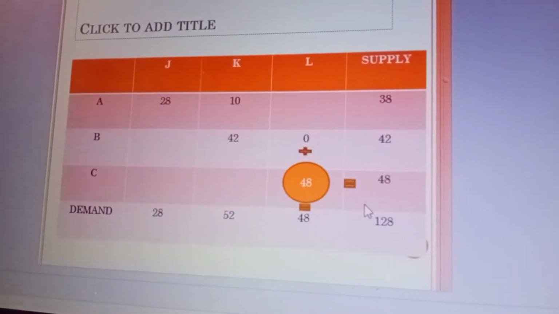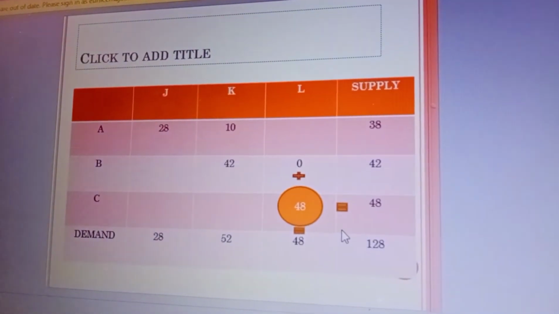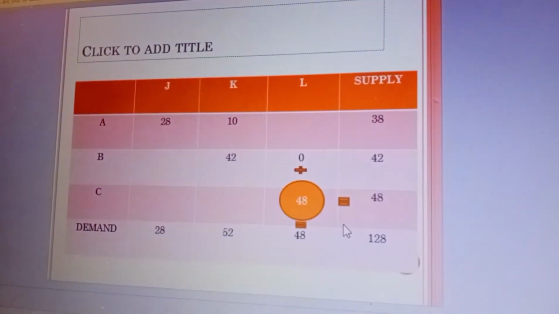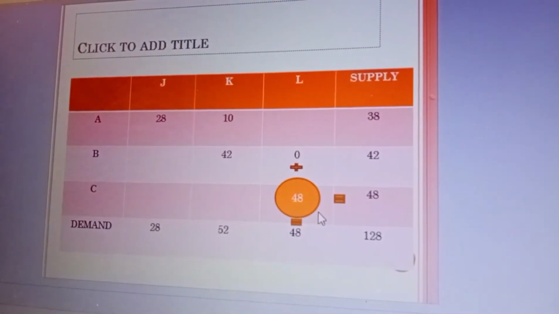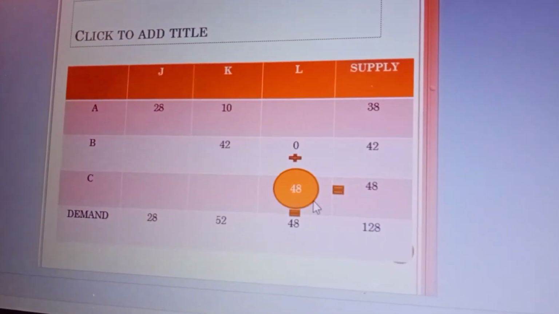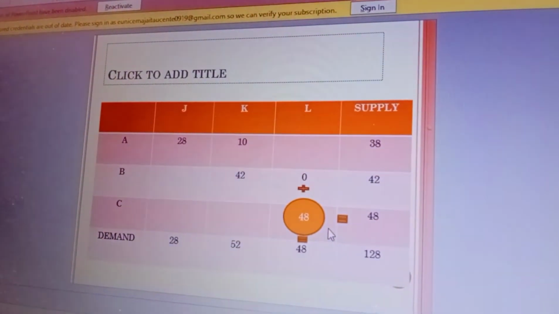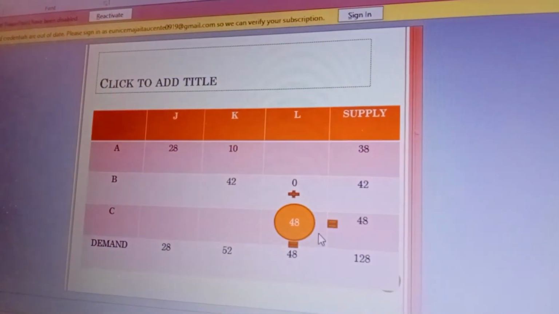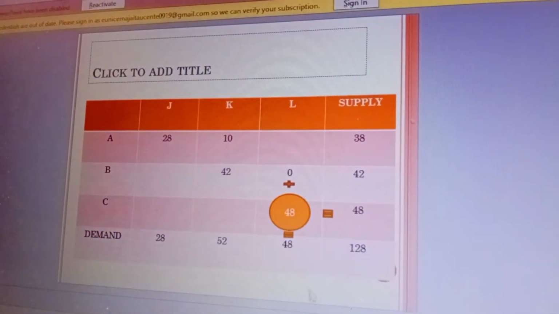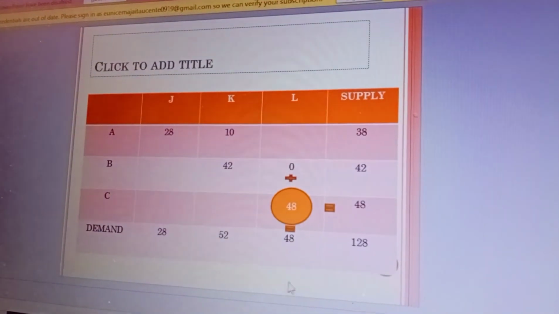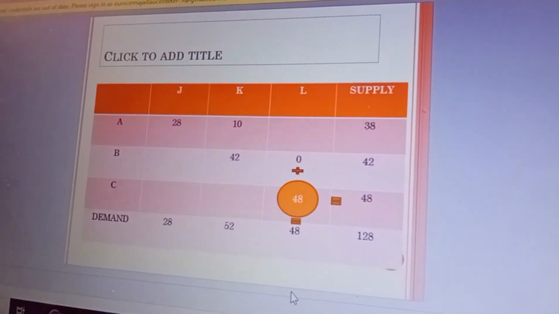So what we are going to do is put the exact answer of our northwest method, because we don't have another answer that we can add. So this is our last column.